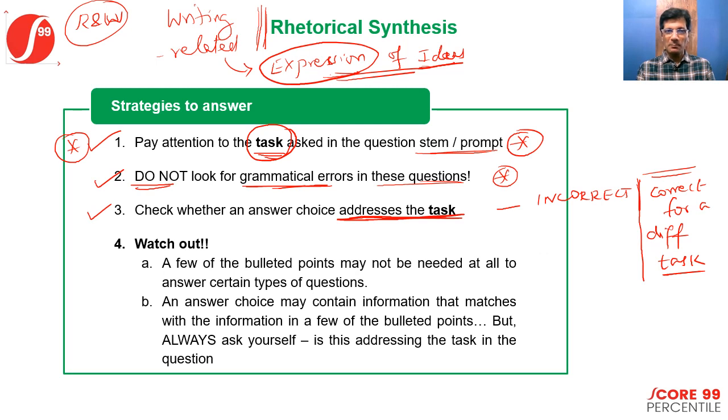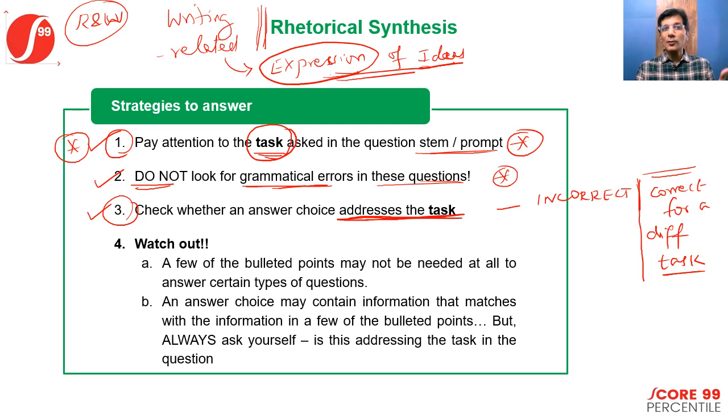First strategy, pay attention to the task at hand. Make sure that an answer choice is addressing the task. An answer choice may seem correct, and SAT knows how students make mistakes, and they will include those kinds of answer choices as traps. Don't fall for them. You need to also get into the shoes of the exam maker and figure out how they create these incorrect answer choices.